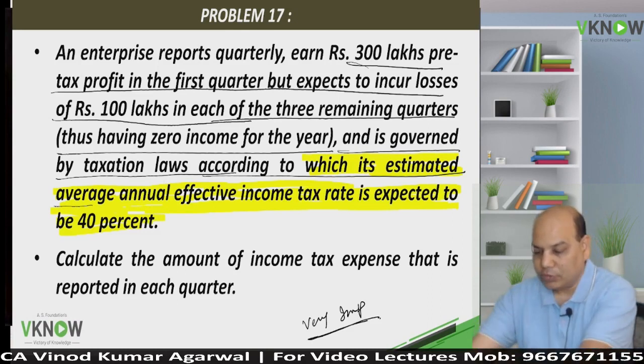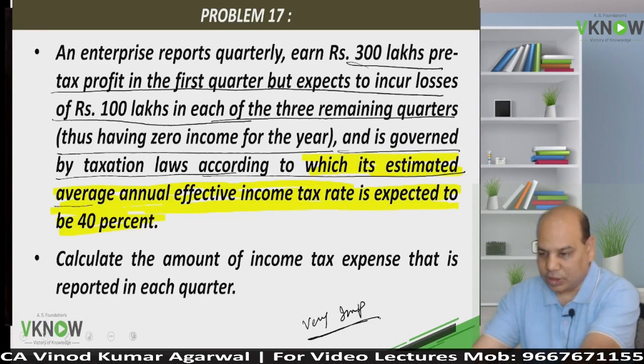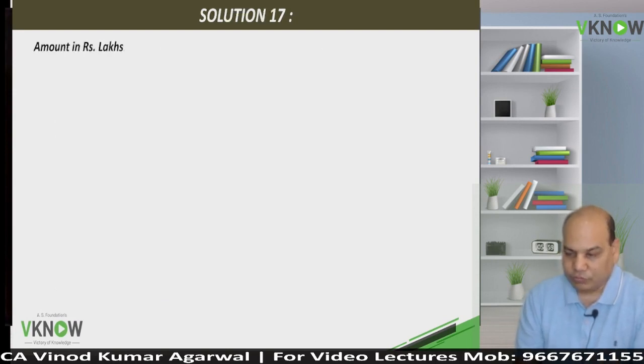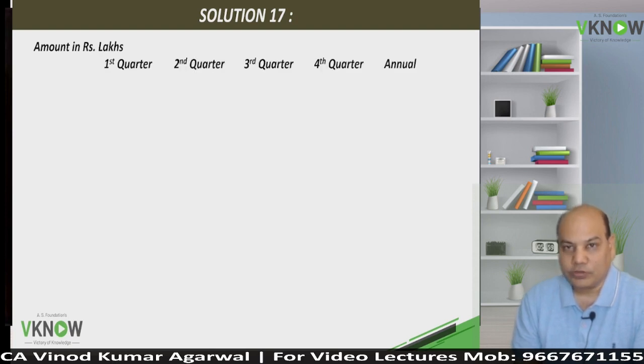Now the question is, calculate the income tax expense that is reported in each quarter. So I don't have to compute the estimated average annual effective income tax rate. It is already given to us. So I just need to multiply the profit or loss with that 40%.